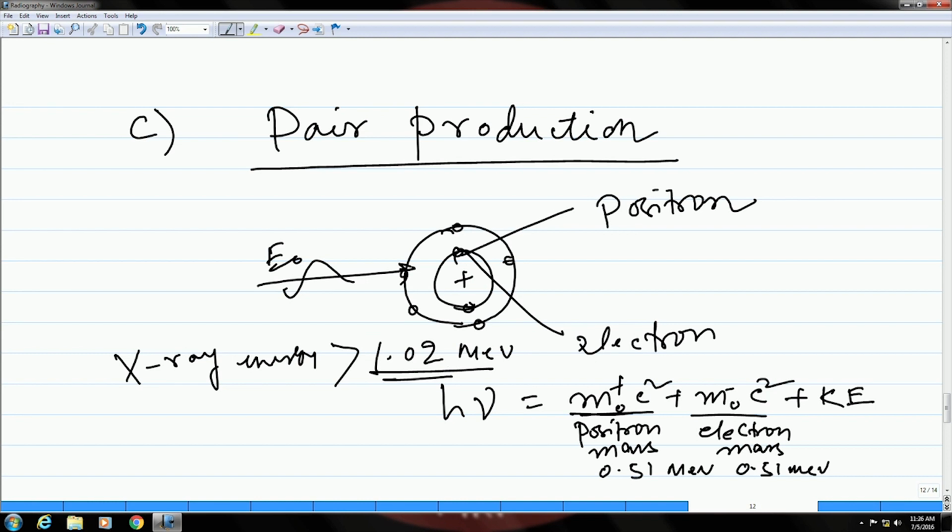Okay. And any extra energy that the X-ray will have will go into providing kinetic energy to the electron and the positron.